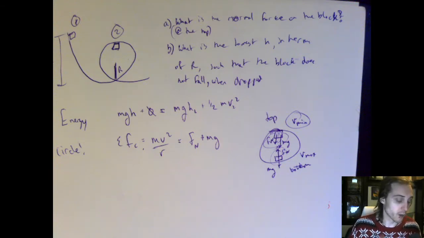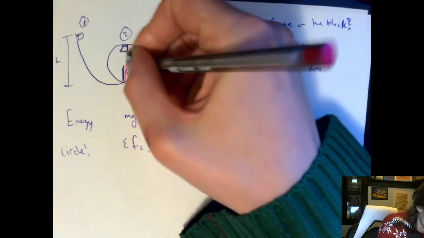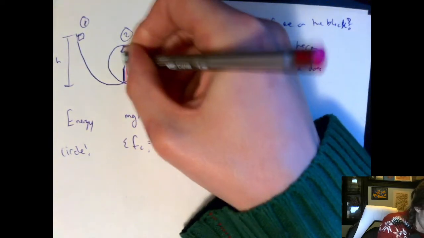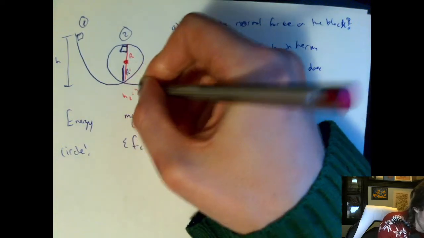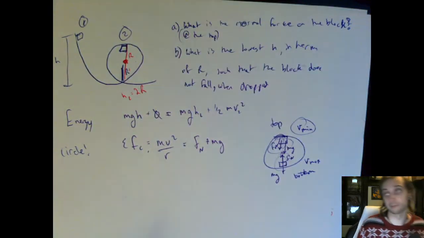Okay, great. So at this point, h is pretty much a given. I do need to find a way to represent h2, which, if I look at my circle, there's one r stacked on top of another r, giving us 2r. So h2 is equal to 2 times r.